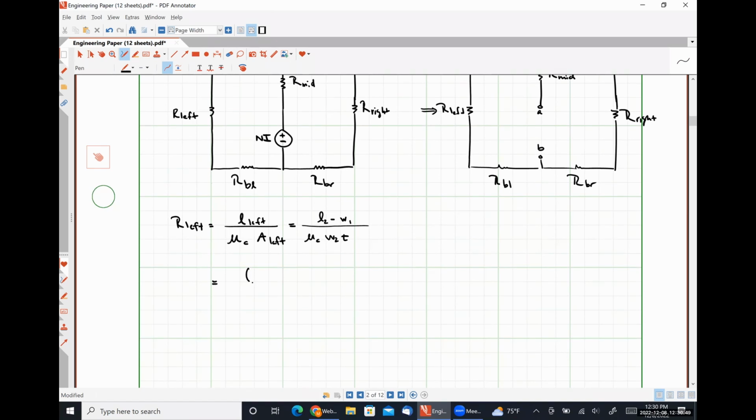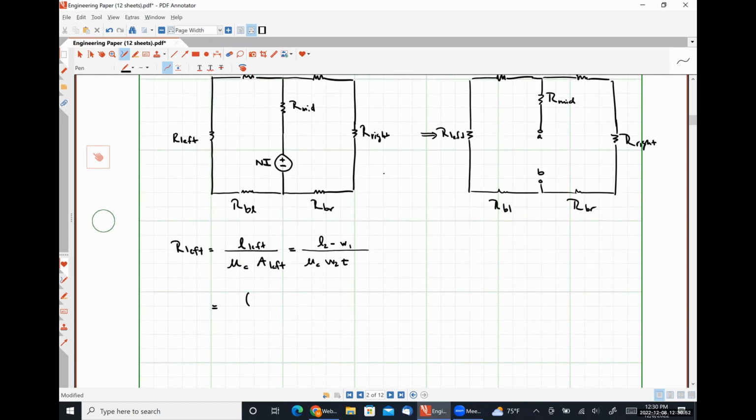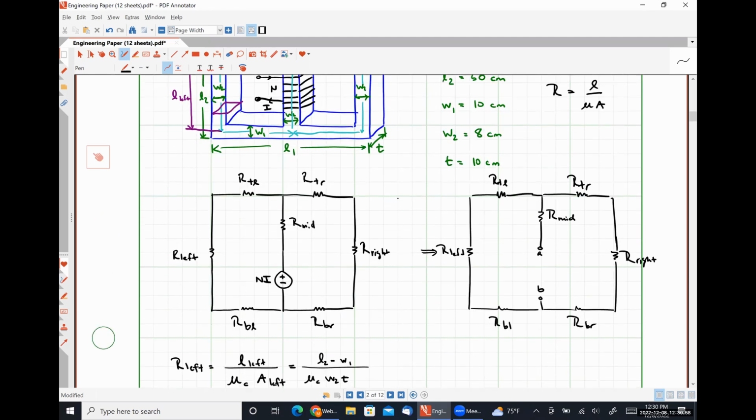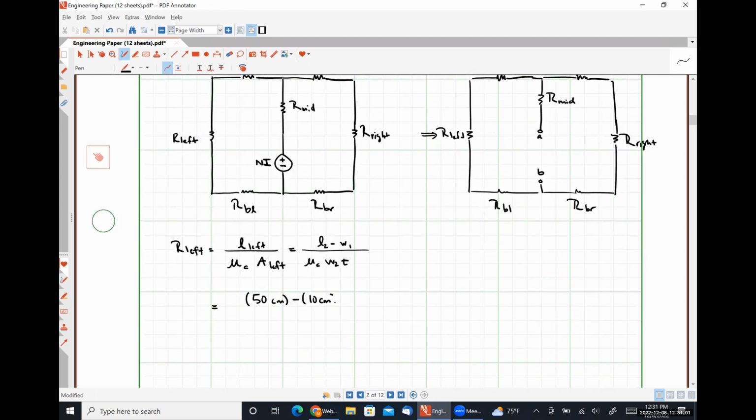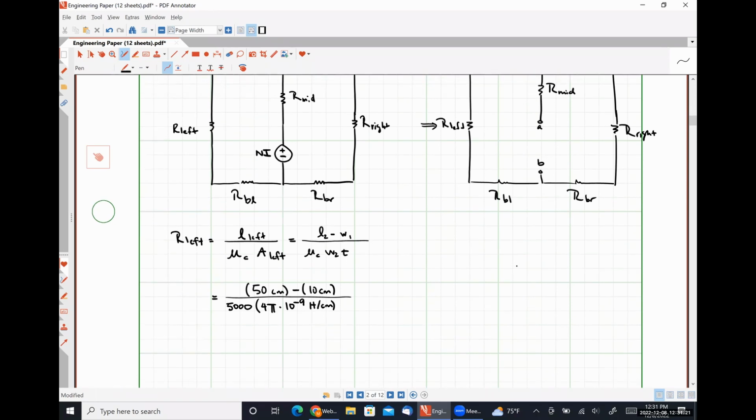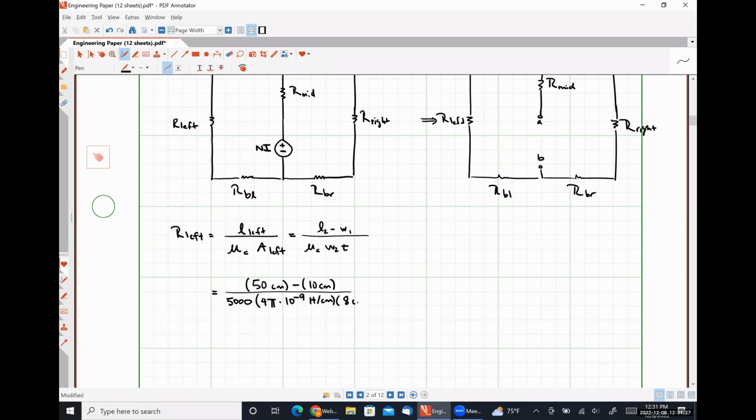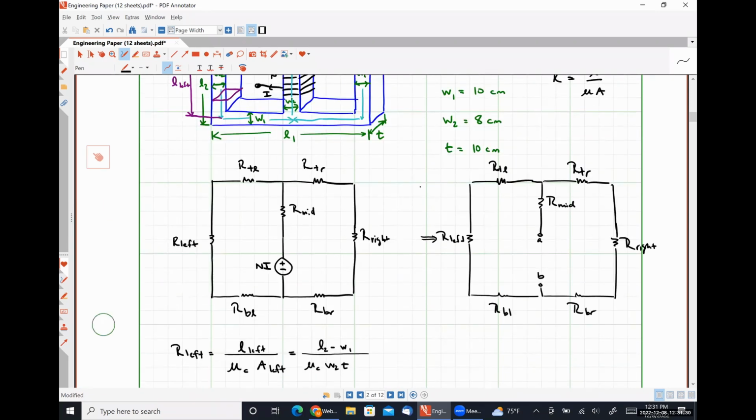So we are going to have L2, which was given as 50 centimeters, minus W1, which was 10 centimeters, divided by mu c, which is 5,000 mu naught, where mu naught is 4 pi times 10 to the negative 9 henries per centimeter, times W2, which is 8 centimeters, times our thickness, which is 10 centimeters.